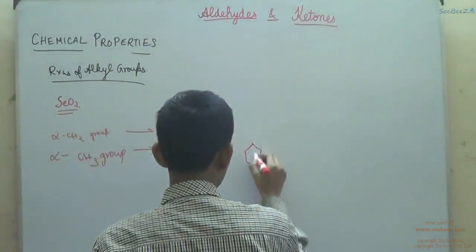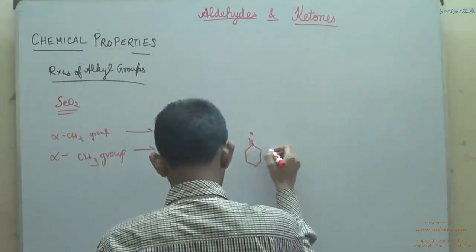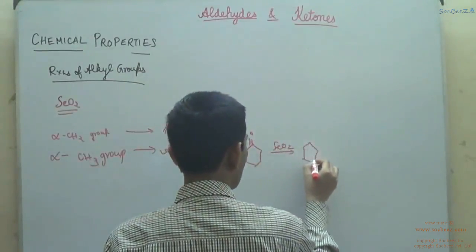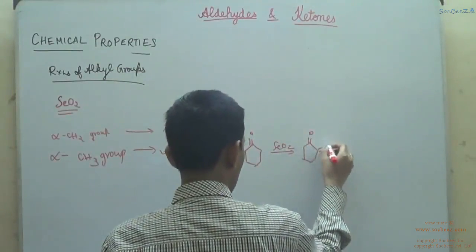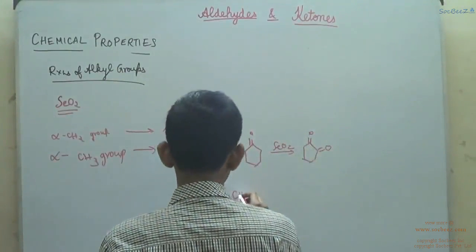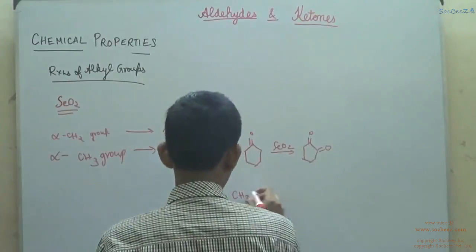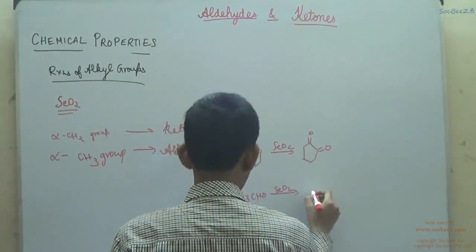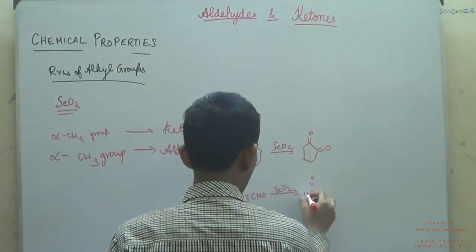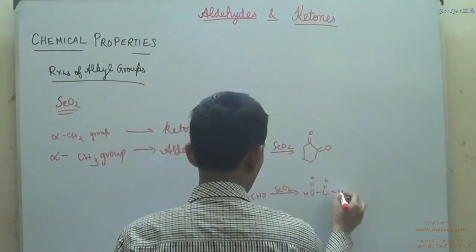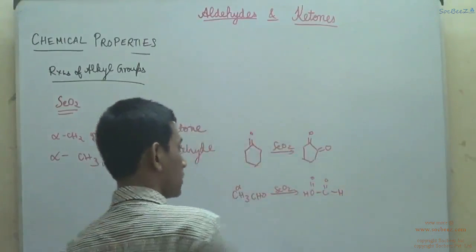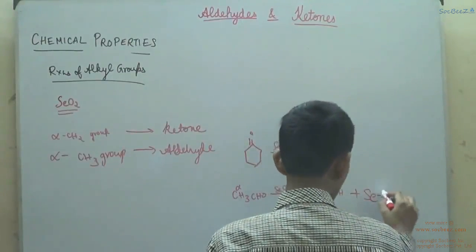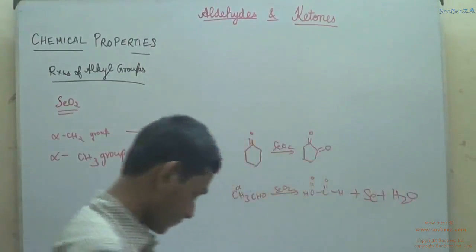Suppose I have a ketone. This is the alpha CH2 group; with SeO2, it gets converted to a ketone, whereas this alpha CH3 group gets converted to an aldehyde, C double bond O, C double bond O H. Plus this will oxidize, so this should get reduced, and water is eliminated.